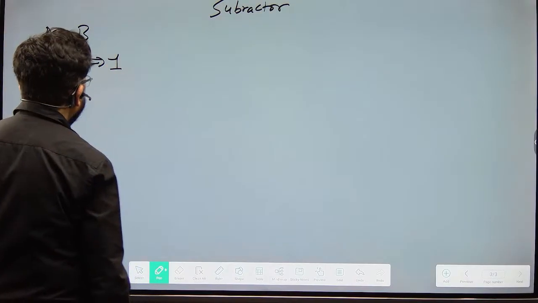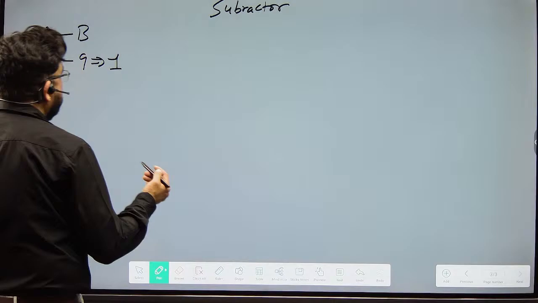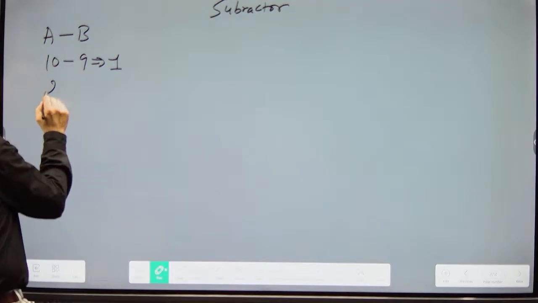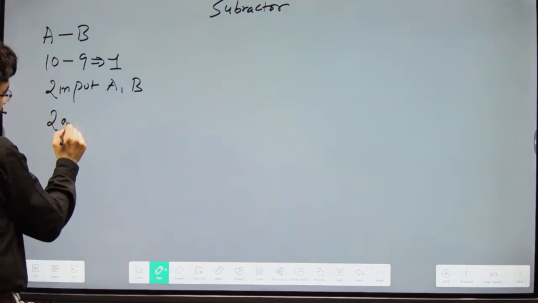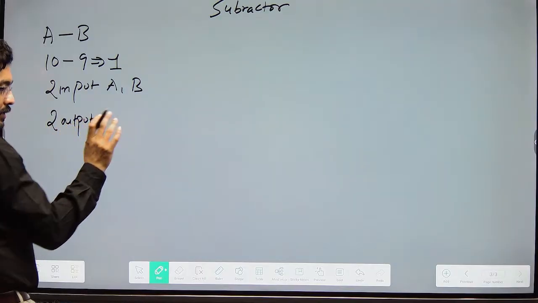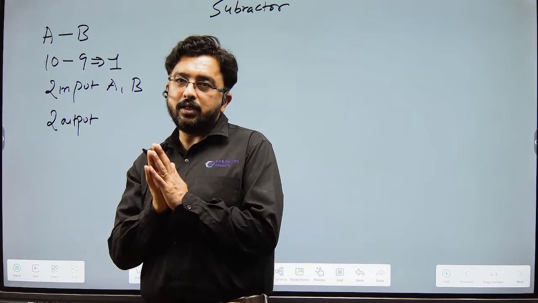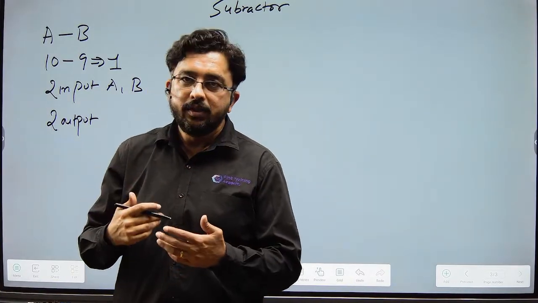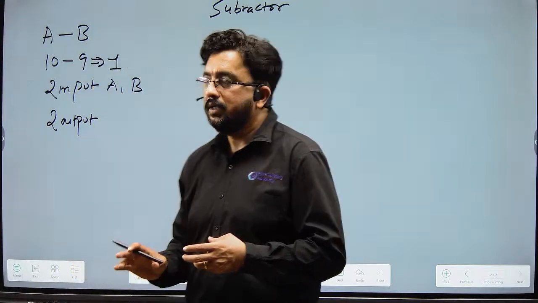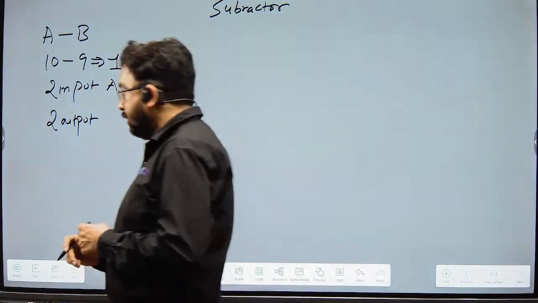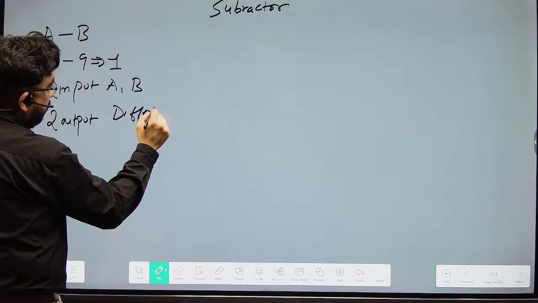In terms of binary, because we are learning digital, the subtractor consists of two inputs, A and B, and two outputs. One is the difference, which is the difference between A and B. Whatever I have earned and whatever I have spent, the difference between them is called the difference.